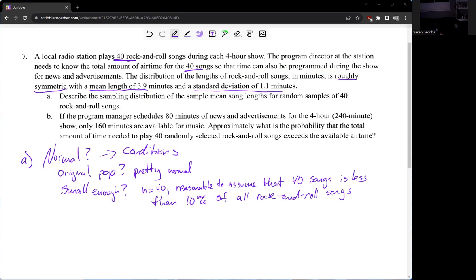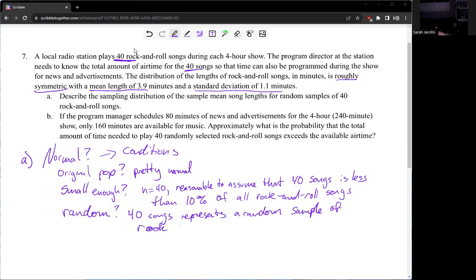Now, is it random? Well, we're going to say that these 40 songs represent a random sample of rock and roll songs.